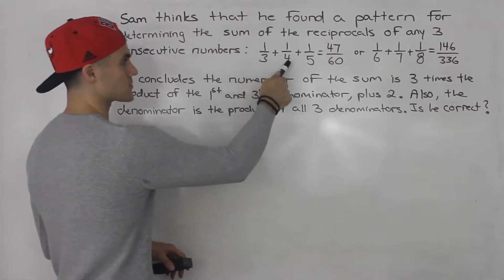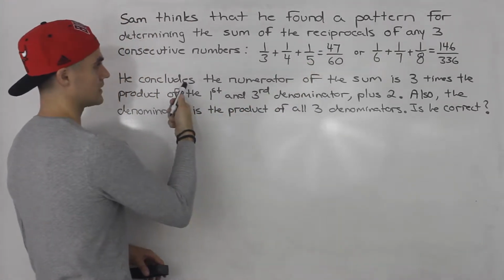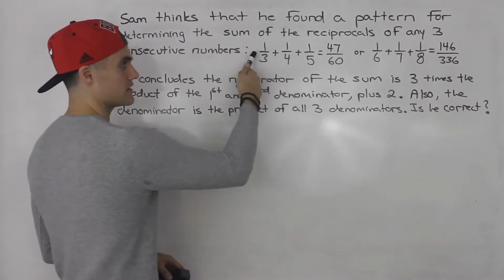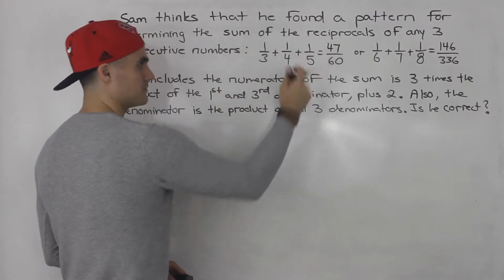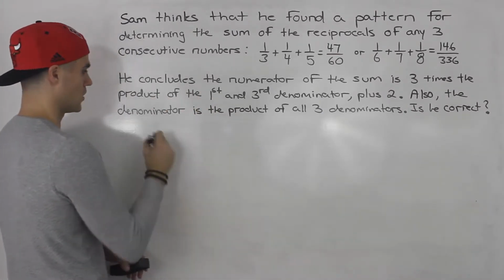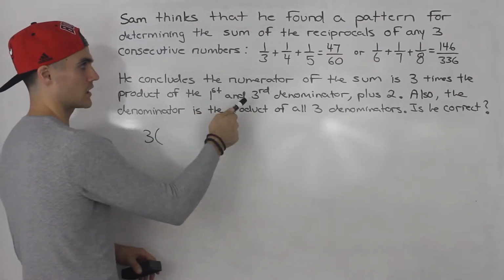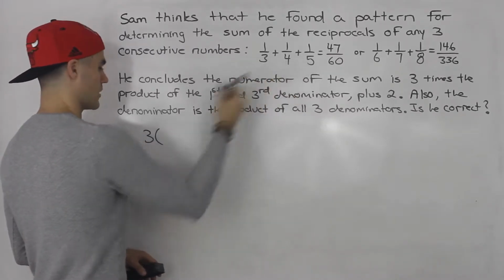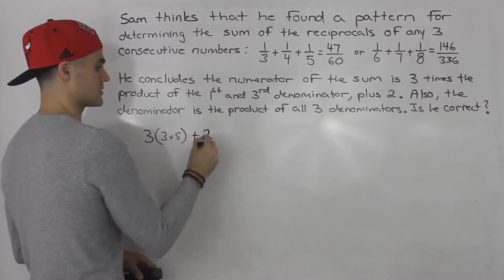So we've got 1 over 3 plus 1 over 4 plus 1 over 5. So this numerator, 47, he concludes the numerator of the sum is 3 times the product of the first and third denominator plus 2. Well, the product of the first and third denominator is 3 times 5, so 3 times 5 plus 2.